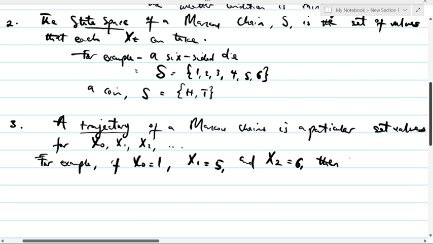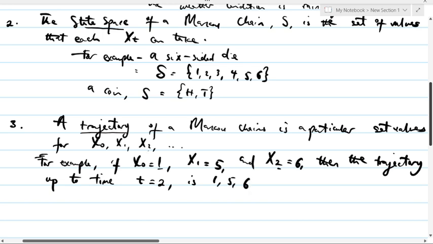Then the trajectory up to time t equals 2 will be 1, 5, 6, because this is at time t equals 0, t equals 1, and t equals 2.